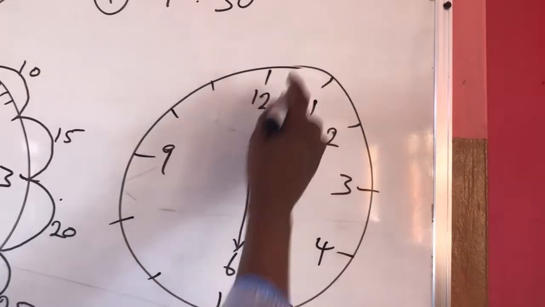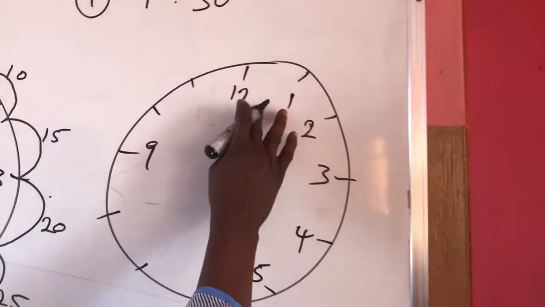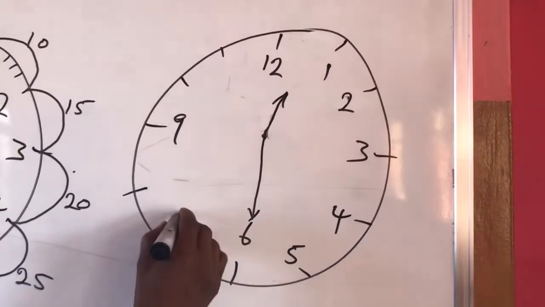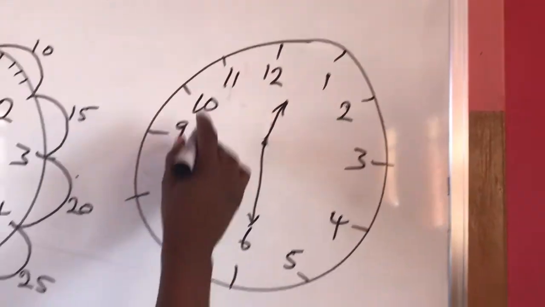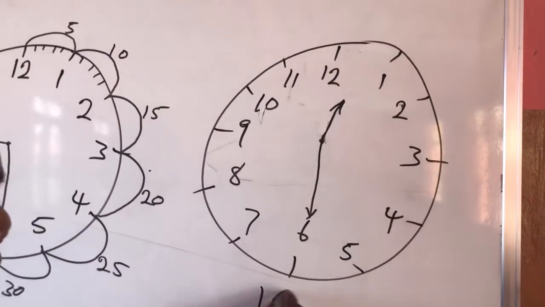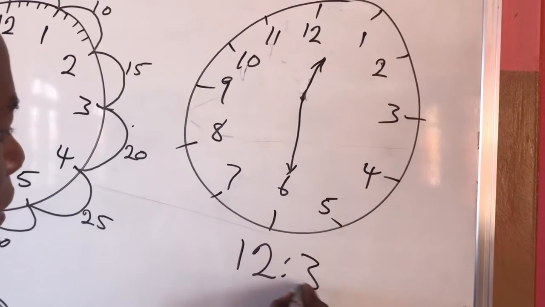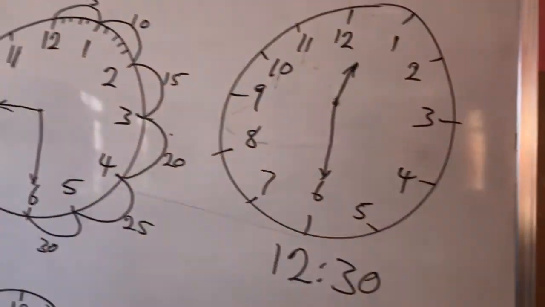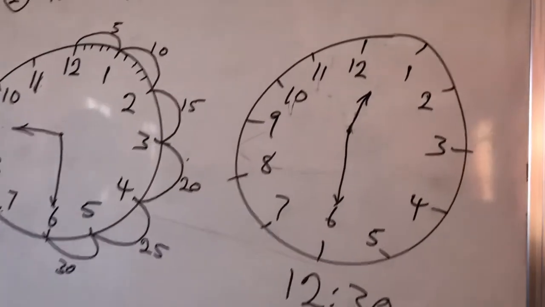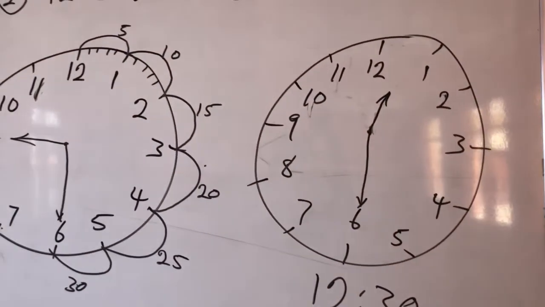Have you seen it? It is between 12 and 1. So that is how you have to do it. Nicely drawn. Then you label it 12:30. I'll leave 1, 2 for you to try at home. The example for you to try at home.